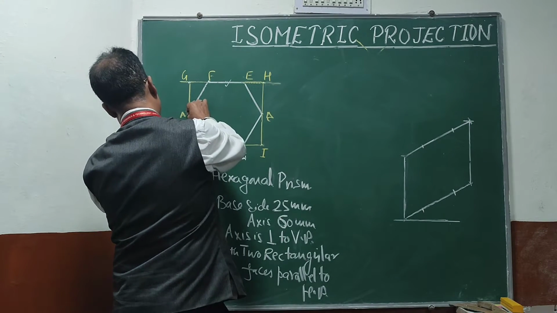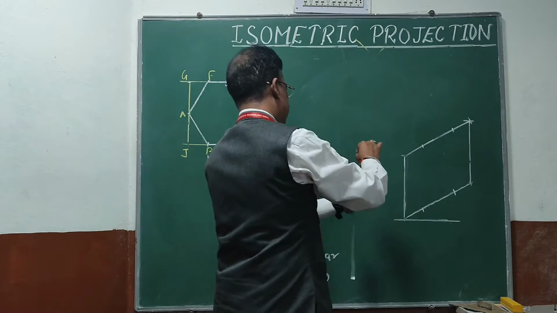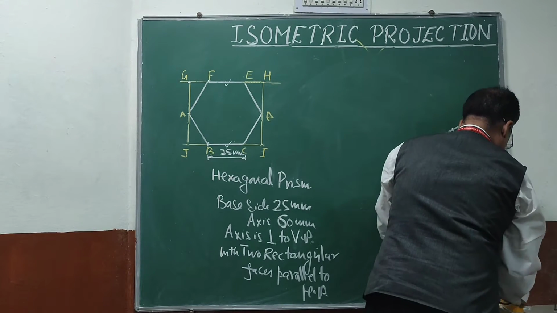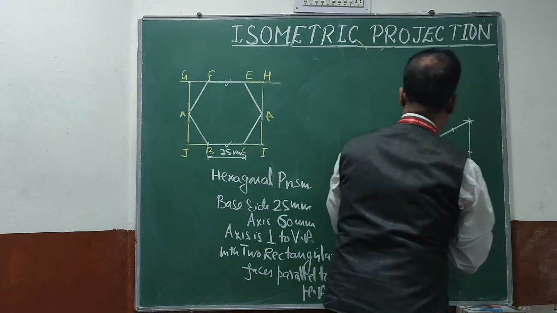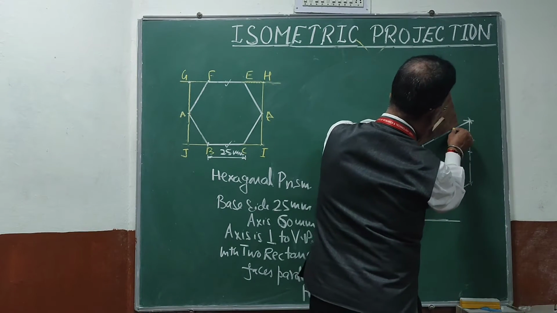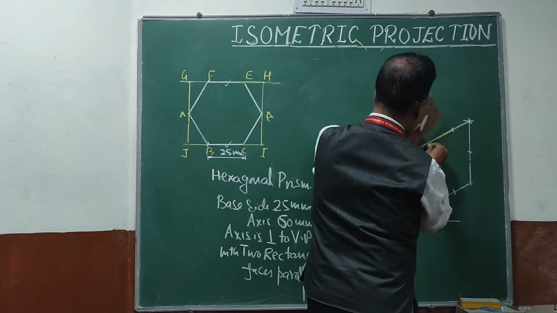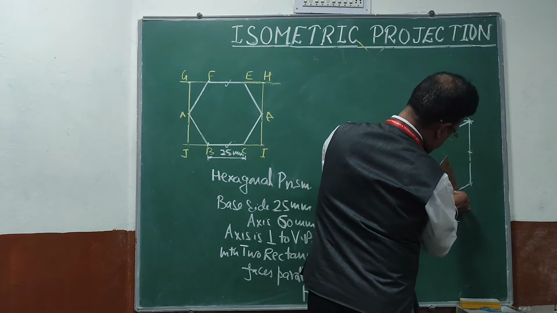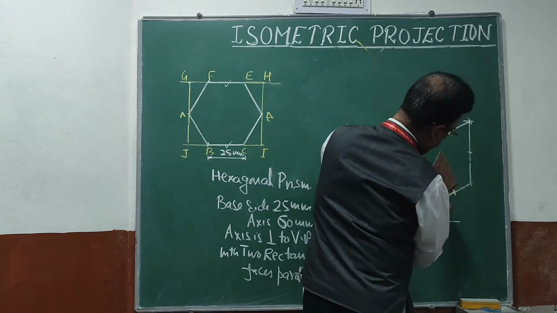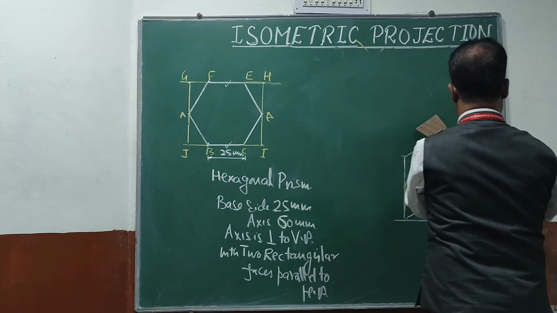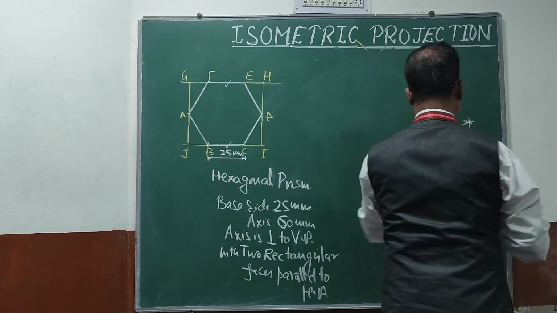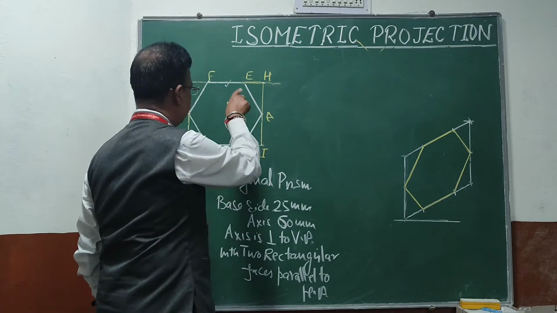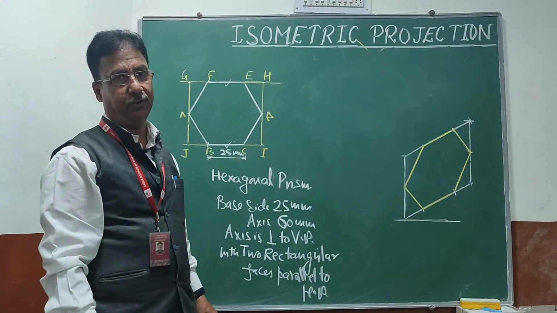The same way, A will be the midpoint of this line, same for D. So I will mark these two points also, and if I now join all these points by straight lines, this is the isometric projection of this hexagon when this is the front view of that regular hexagon.